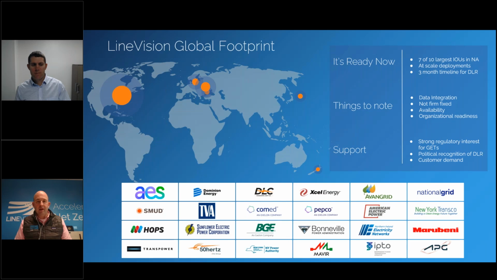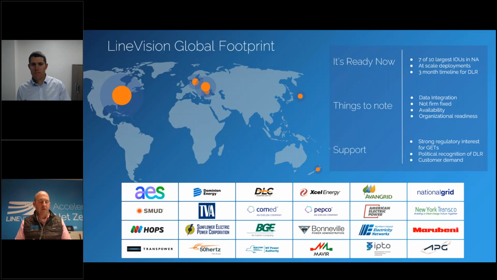But 7 of the 10 top IOUs in the country are doing DLR as well. This is not an esoteric technology that people are kicking the tires on. This is very much out there. And those at-scale deployments continue.